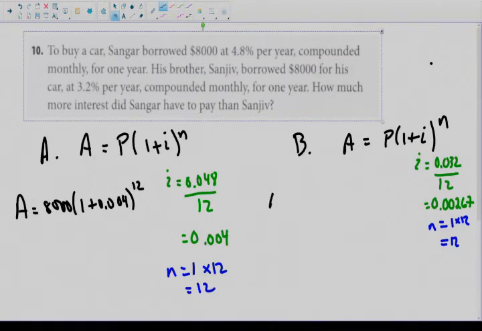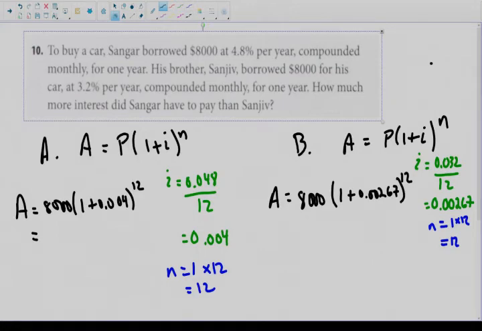And for the second scenario, A is equal to 8,000 times 1 plus 0.00267 to the power of 12. So let's find out what the final amount is for both.